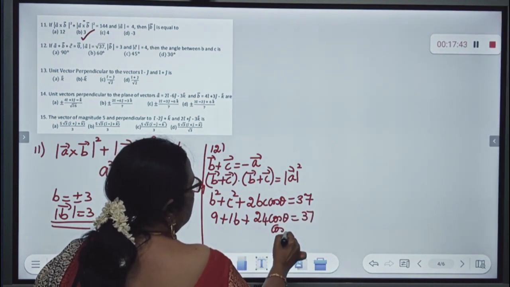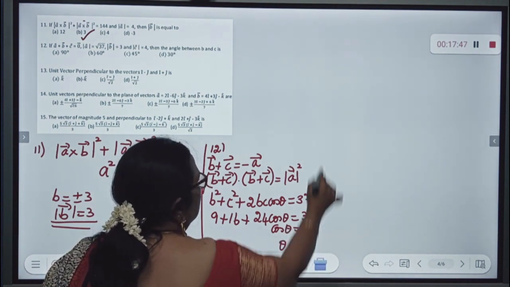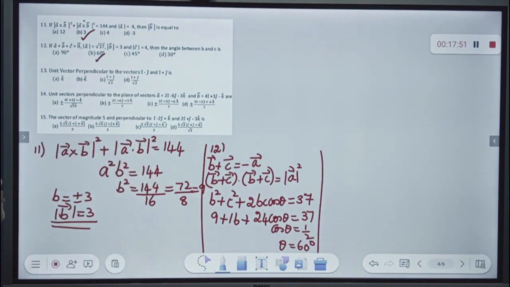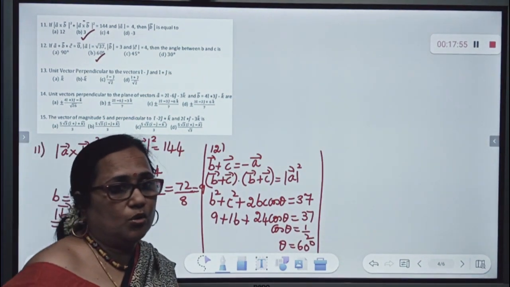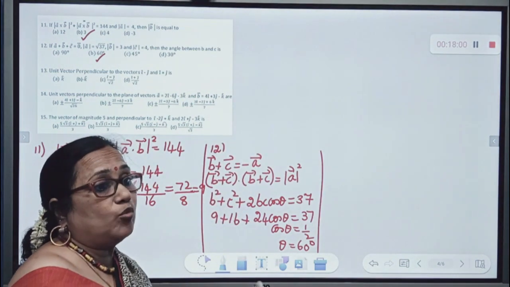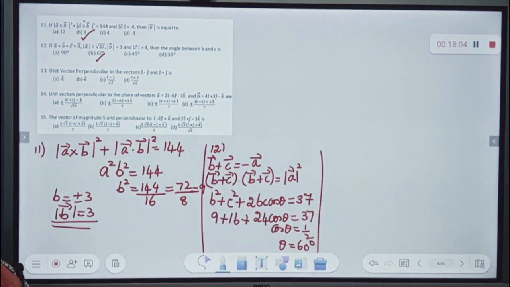So you get cos theta equal to half, or theta equal to 60 degrees. Because A plus B plus C is given to be 0, I have considered B plus C and taken A to the other side. Why? Because I want to determine the angle between B and C.